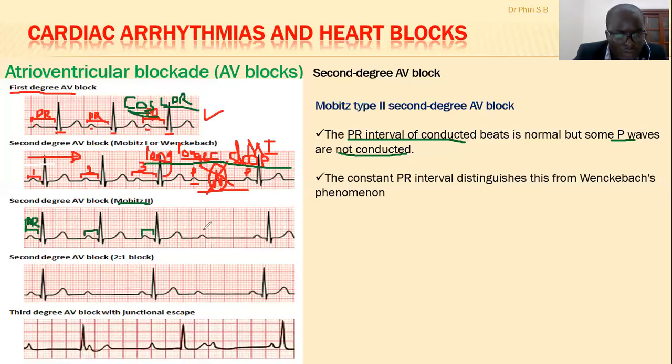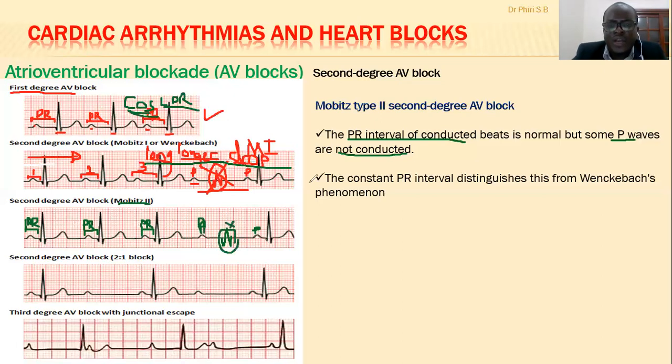So here you have this P wave, but this P wave is not followed by a QRS complex. You have another P wave here. So there is a missing QRS complex, just like in Mobitz type 1. But the difference here is that the PR intervals are consistent, but they are coupled with a P wave with a missing QRS complex.